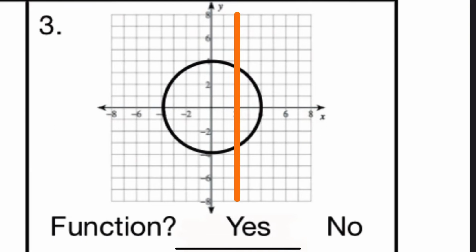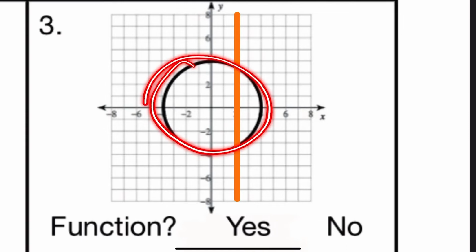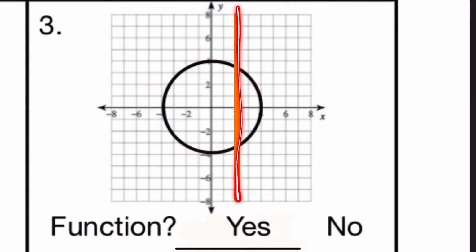Now I'm going to count how many times this circle crosses this vertical line. I'm going to see it crosses once here and then again down here. So that is 2 times. To pass the vertical line test, you can only cross 1 time.